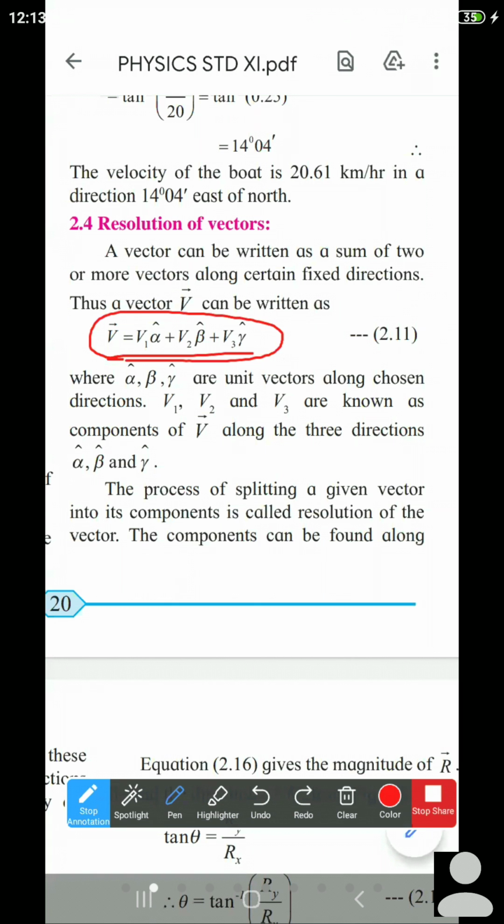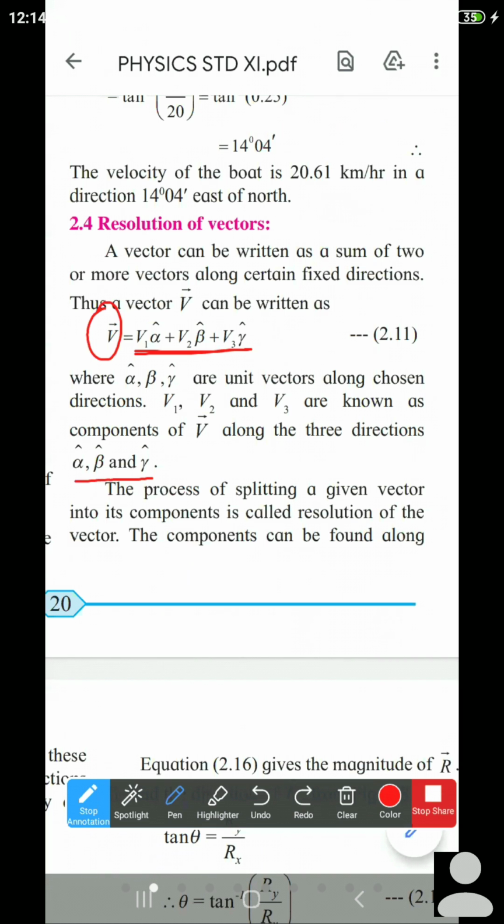Here the vector v bar is split into three different vectors, and these are along the three directions alpha cap, beta cap and gamma cap. I will explain this with the help of a figure also.